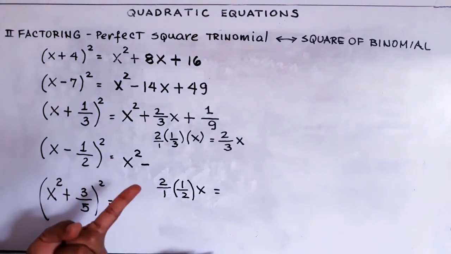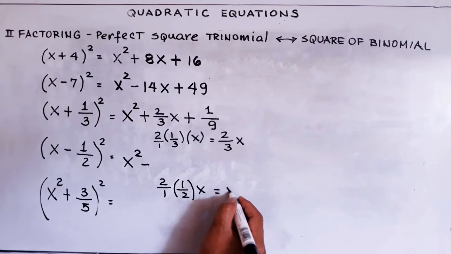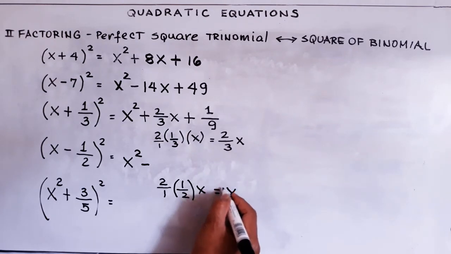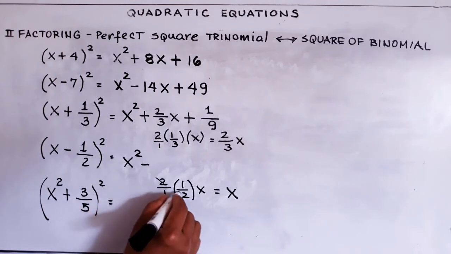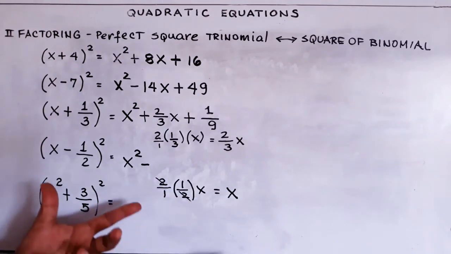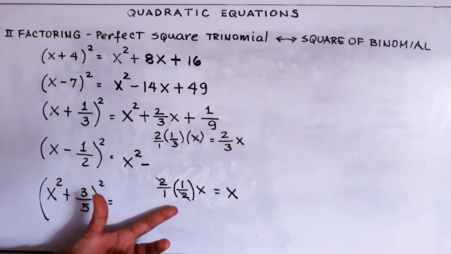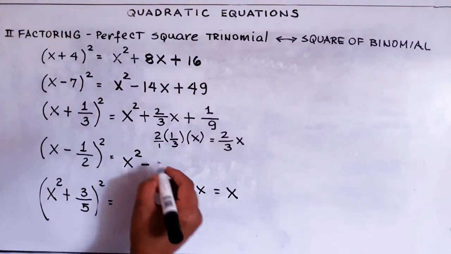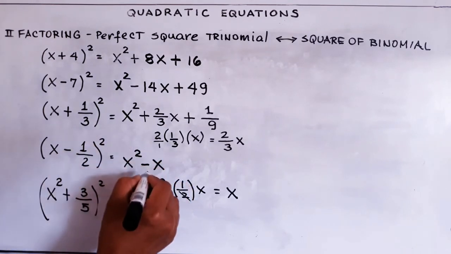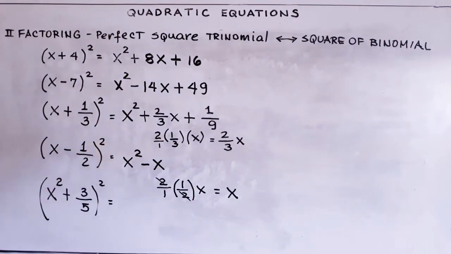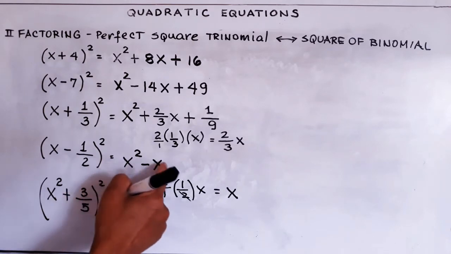Times x is 1x. And simply we write x there. If you want the cancellation, 2/2 will be equal to 1. All of them will be 1. So that is 1x, and we don't write the 1 anymore because it is understood. Minus 1x or minus x.